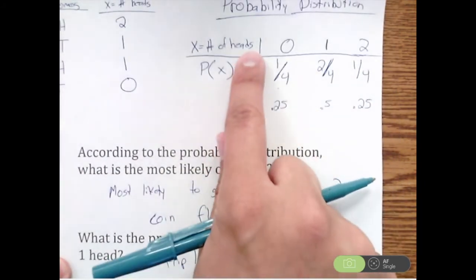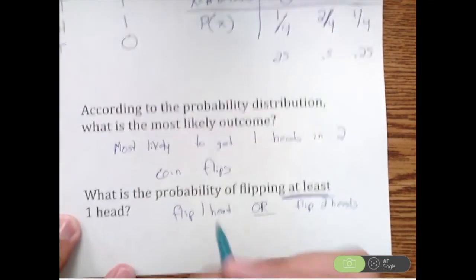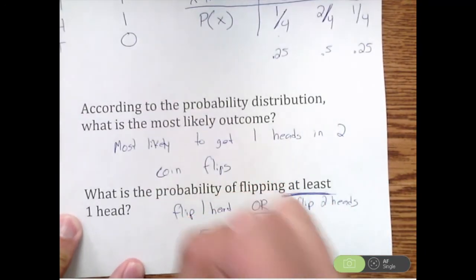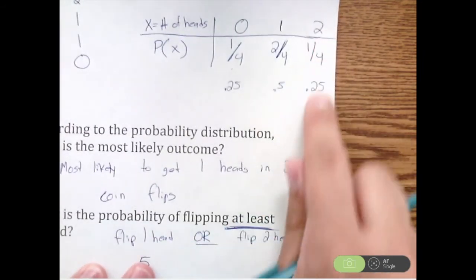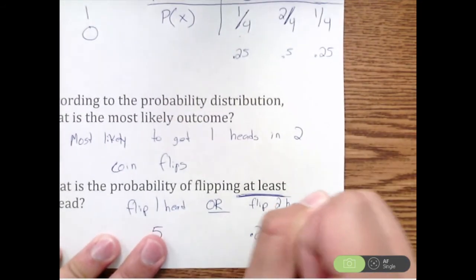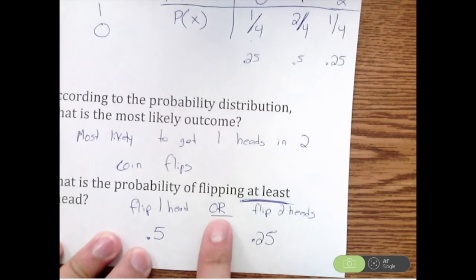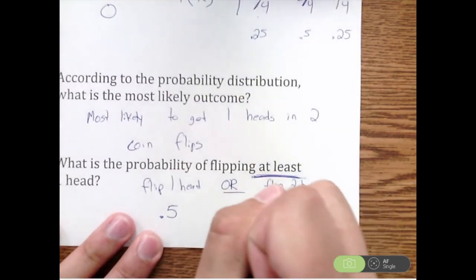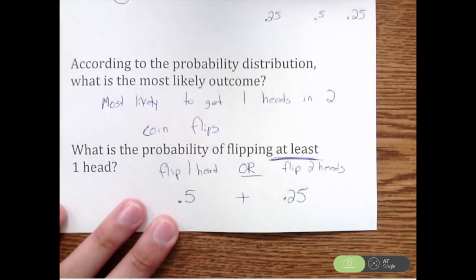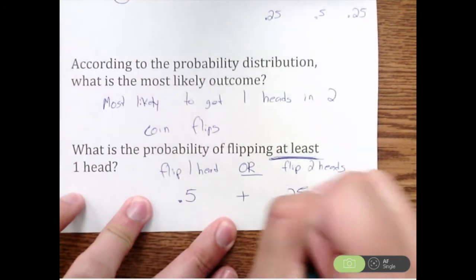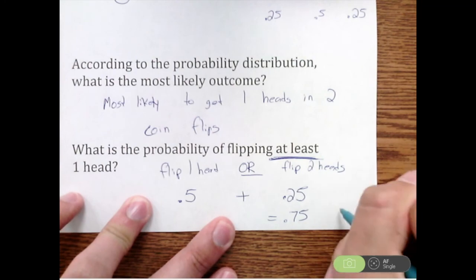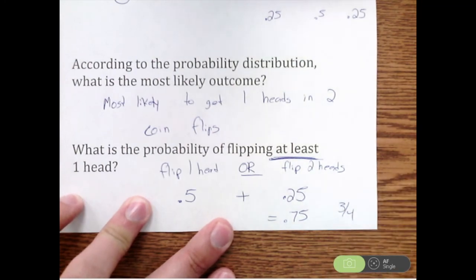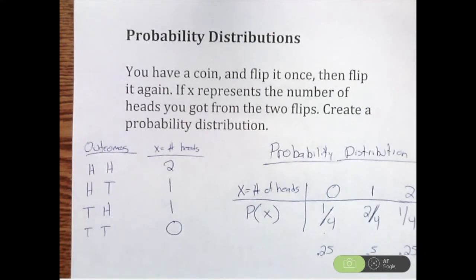Well, the probability of flipping one head is 0.5. And the probability of flipping two heads was 0.25. The only thing we have to worry about is the "or" in between. Remember, with probability, when we have "or," that means we're going to add these together. 0.5 plus 0.25 is 0.75. If you would have done this with fractions, you would have ended up, by the way, with 3/4. So that is probability distributions.